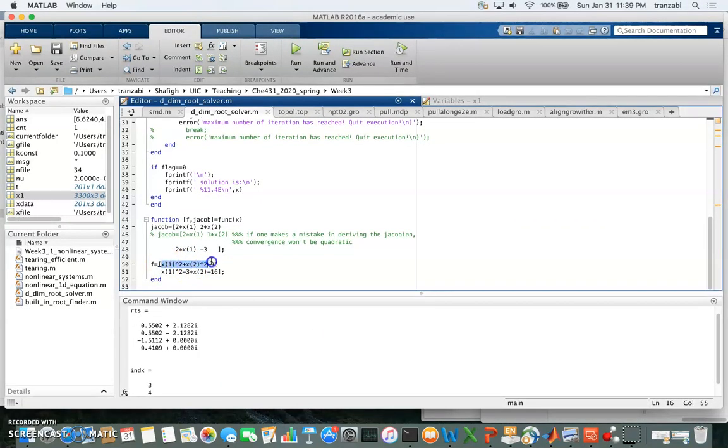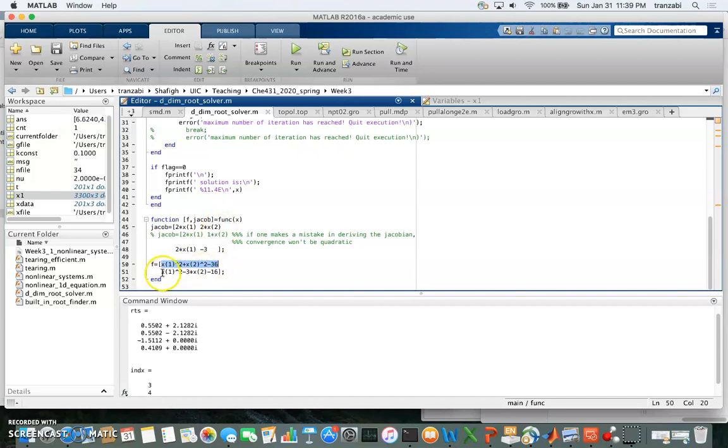Then we take the first equation and find the derivative of the equation with respect to both variables. Derivative of this with respect to x1 is going to be 2x1. That's my first row of the Jacobian. Derivative of this equation with respect to x2 is going to be 2x2. So I'm done with the first equation.